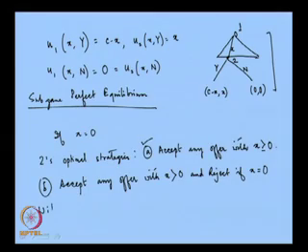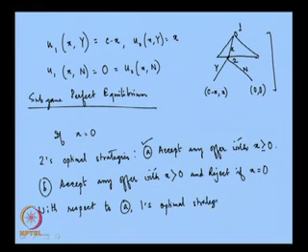So, with respect to A, player 1's optimal strategy is to offer x equal to 0.